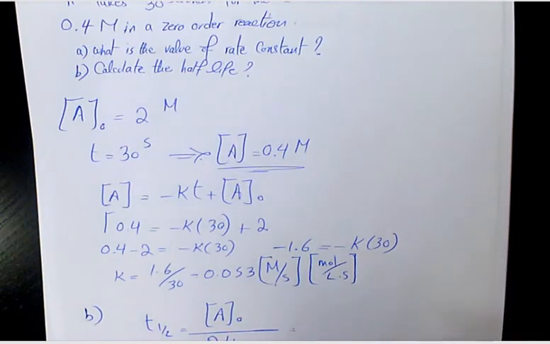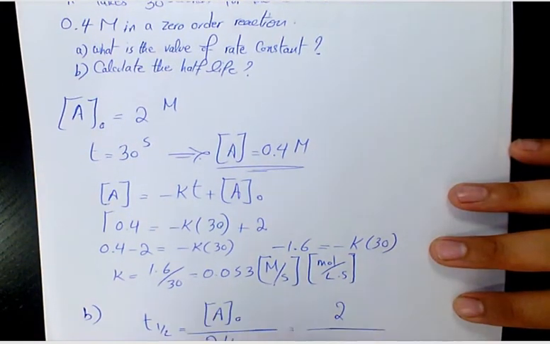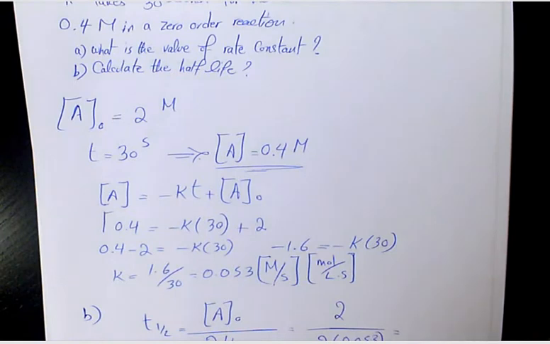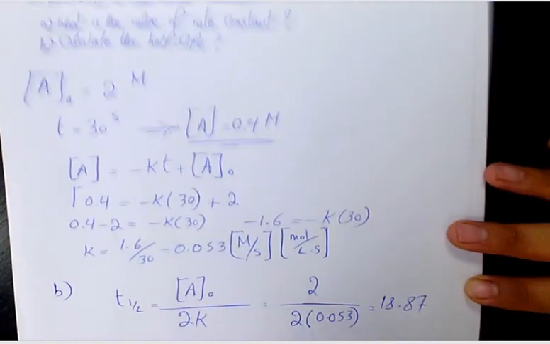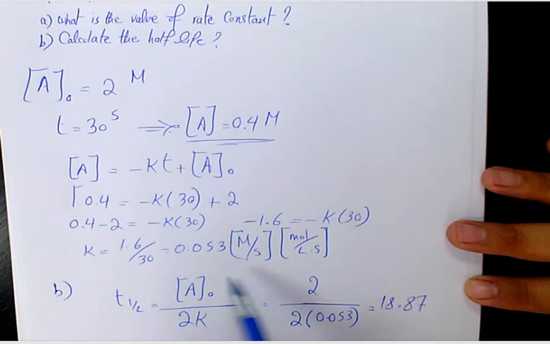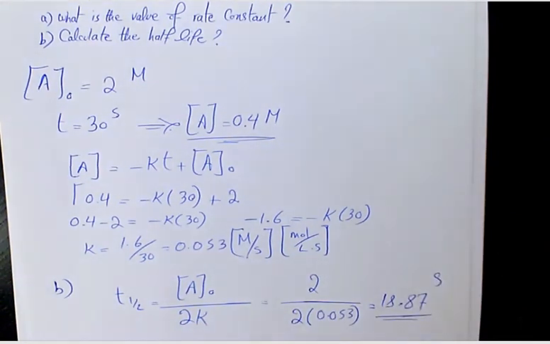So the initial concentration is 2, divided by 2 times 0.053. That is 1 divided by 0.053, which is going to be 18.87. What's the unit? The unit must be in terms of seconds. So after almost 19 seconds, it's going to reduce to half its concentration.